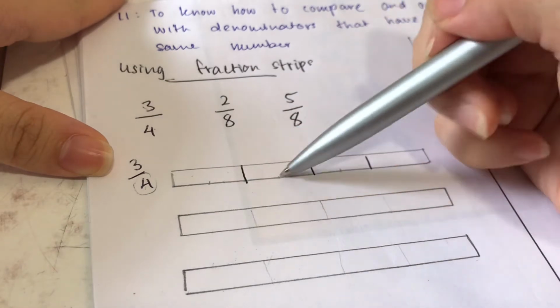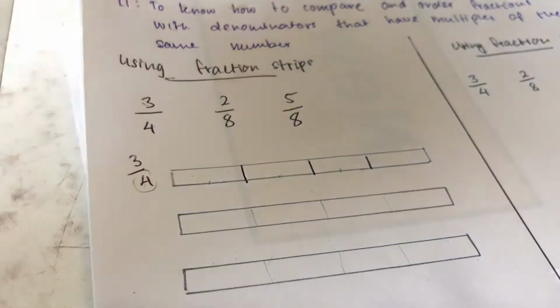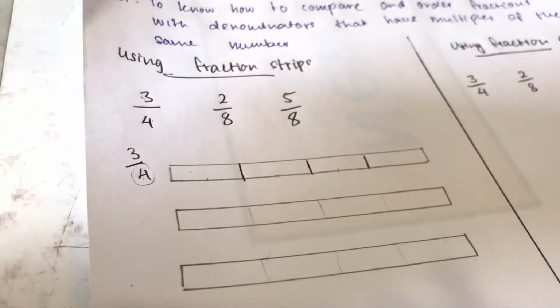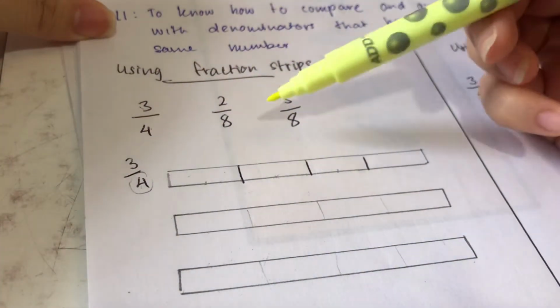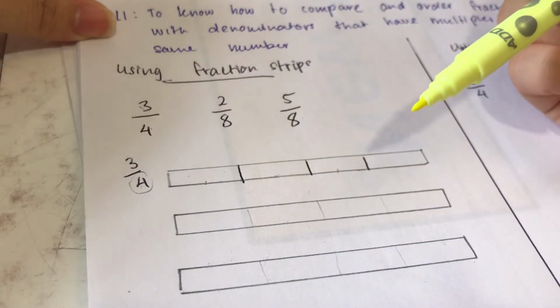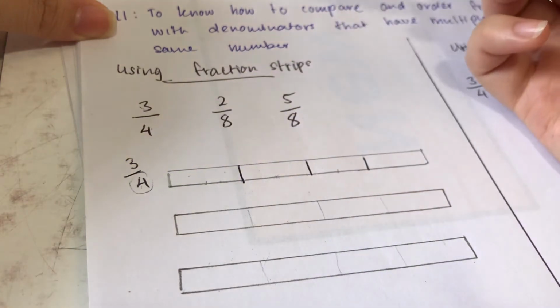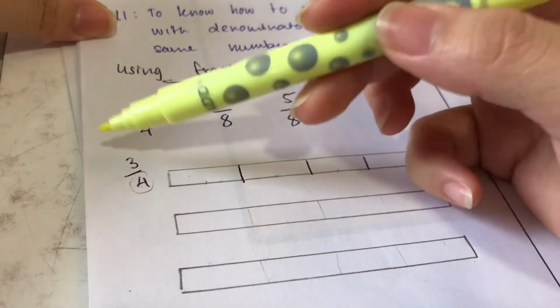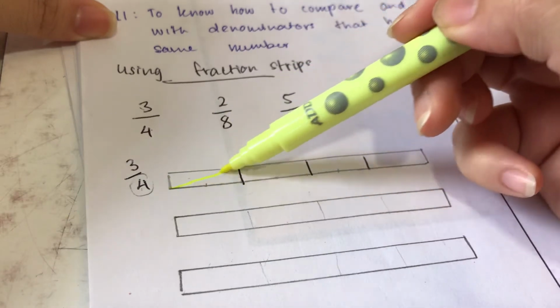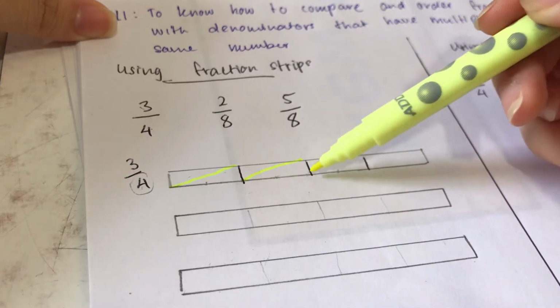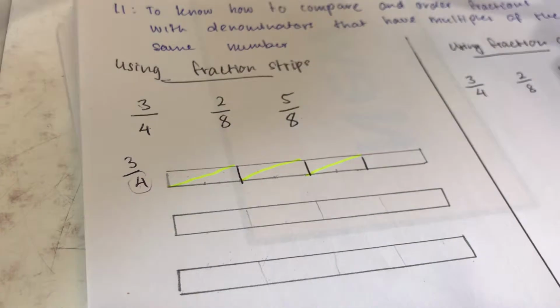So there are 4 parts, number 4 for my denominator, showing that this paper has been divided into 4 equal parts. Now the numerator means how many parts out of that 4 I have. So I have 3 parts out of this 4 that I have shaded.